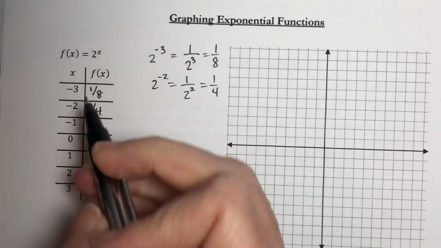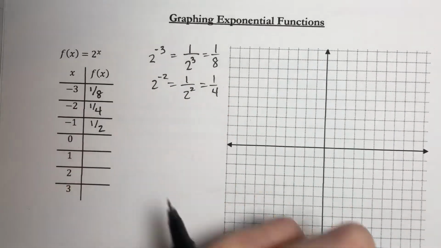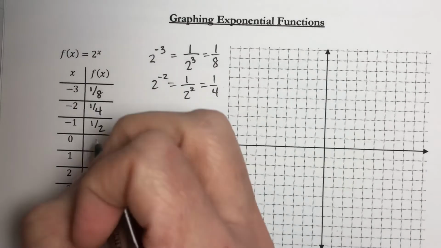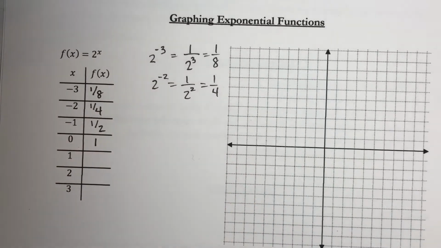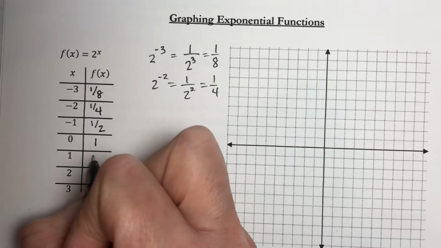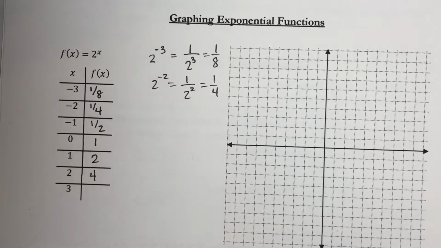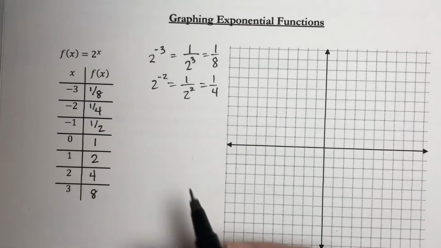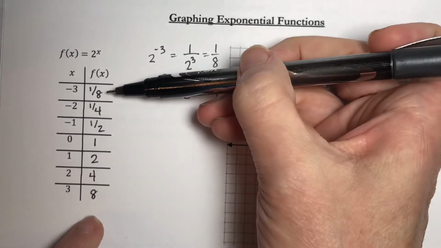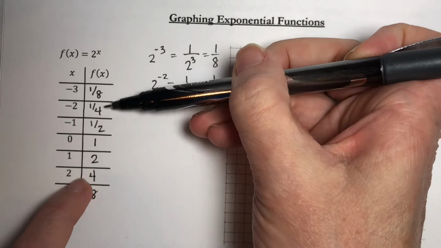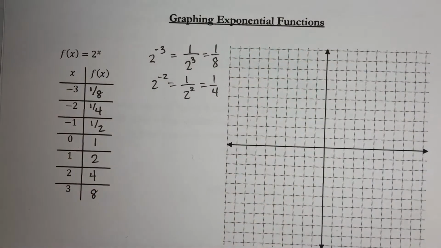To the negative 1 power, that's going to be 1/2. Anything to the 0 power is 1. 2 to the first power is 2. 2 squared is 4. 2 cubed is 8. You should see some sort of parallel here. You can see that those are in the denominators.